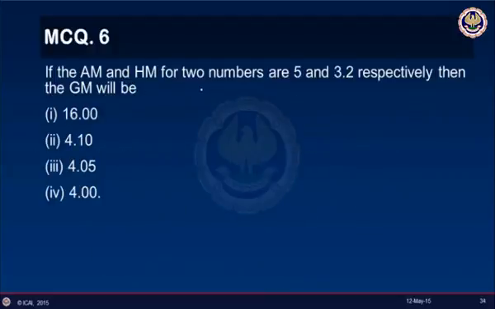If AM and HM for two numbers are 5 and 3.2 respectively, then what will the GM be?